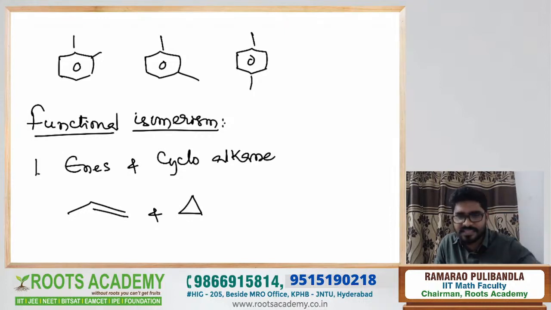That is the fundamental thing, we should not cross that. The molecular formula should be same, then only we can write the other forms. You check there. CH2, CH2, CH2, C3H6, and here also the same thing, C3H6. Alkene, cycloalkane. These two can be considered as functional isomers.